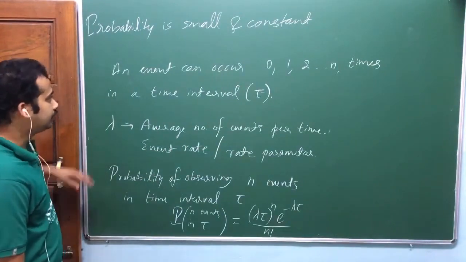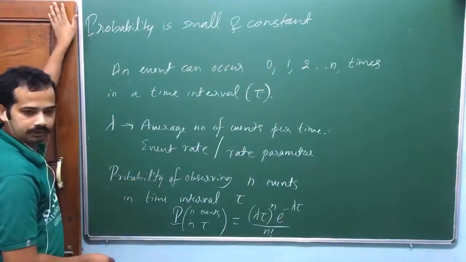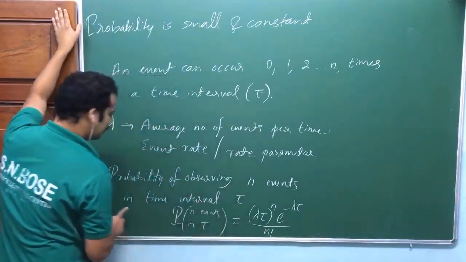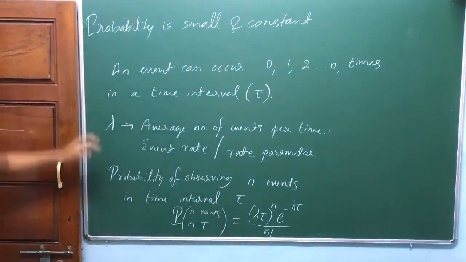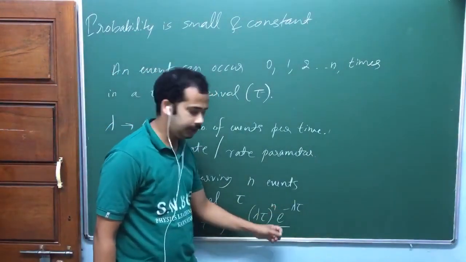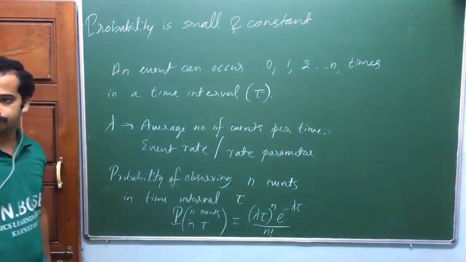Now look at here. In such a case, probability of observing n events, where n can be 0, 1, 2 and so on, in the time interval tau can be written as lambda into tau whole power n, e power minus lambda into tau, divided by n factorial.